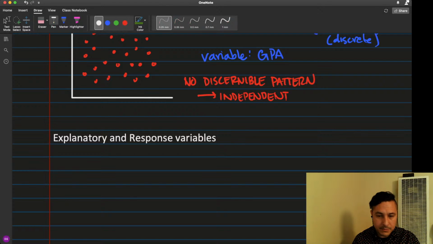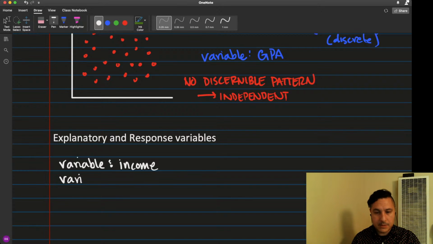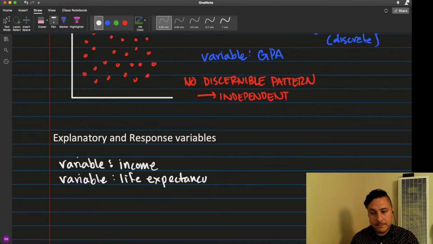One of the variables is average income, and the other variable is life expectancy. You start wondering, there's obviously a relationship between them.